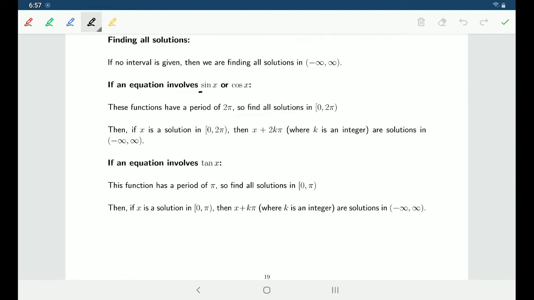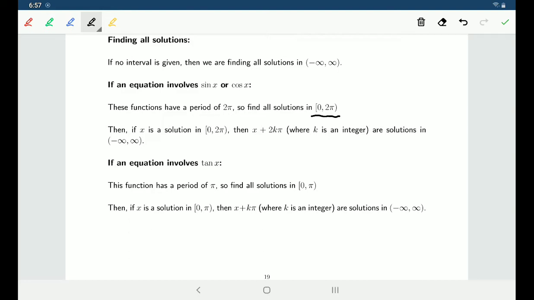So if we were solving an equation involving sine or cosine, remember that these functions have a period of 2 pi. So all we need to do is find solutions from 0 to 2 pi, and then all the other solutions will be one full circle away from those, or two full circles, or three full circles.